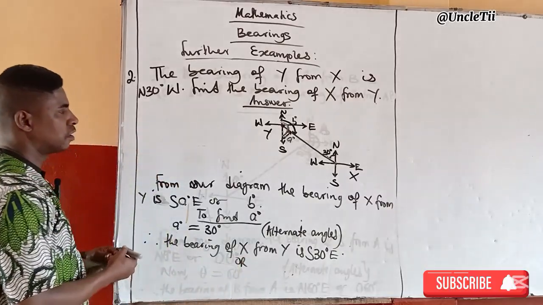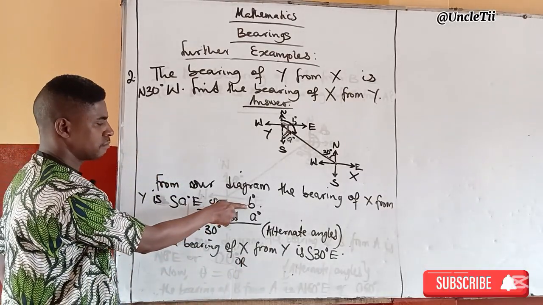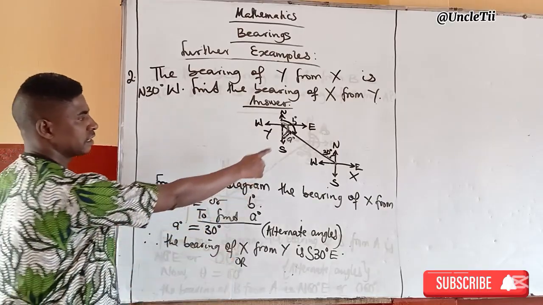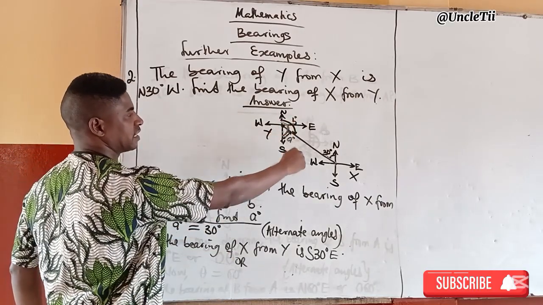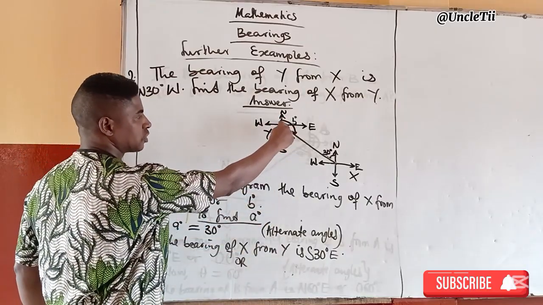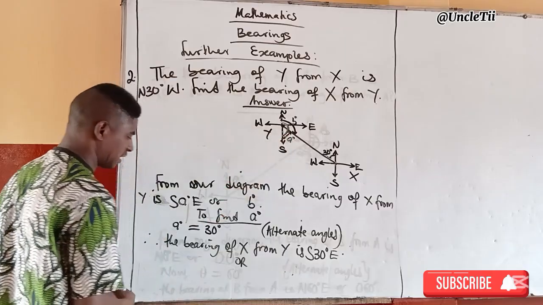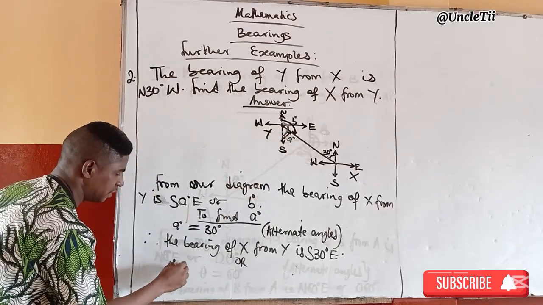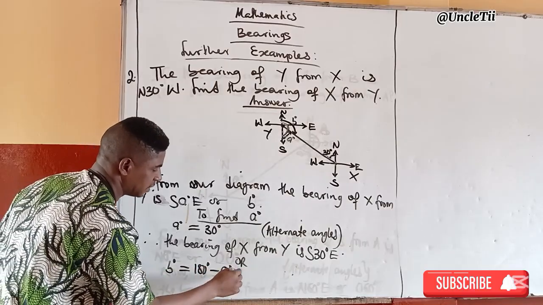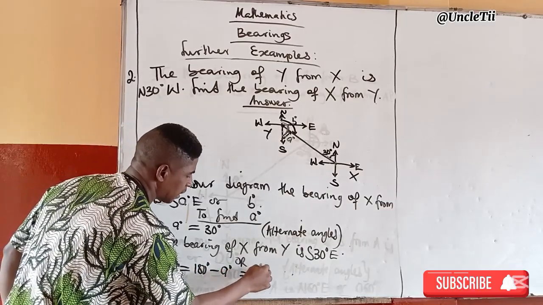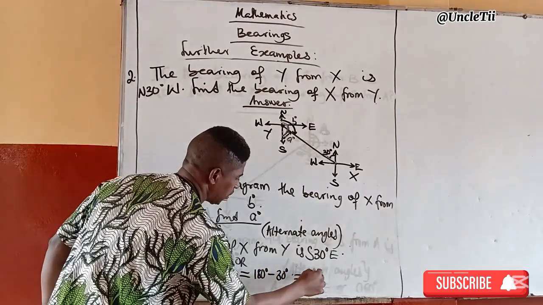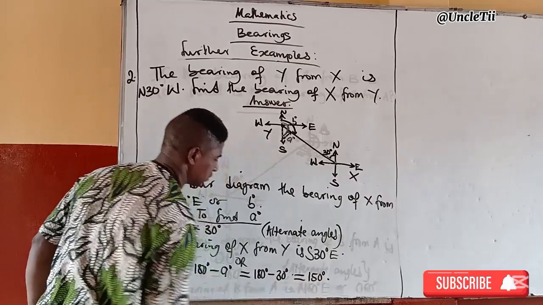Or we go the other way by finding b, and it's automatic. a degrees plus b degrees will give us 180 degrees. Therefore, b degrees is 180 degrees minus a degrees, equal to 180 degrees minus 30 degrees, equal to 150 degrees.